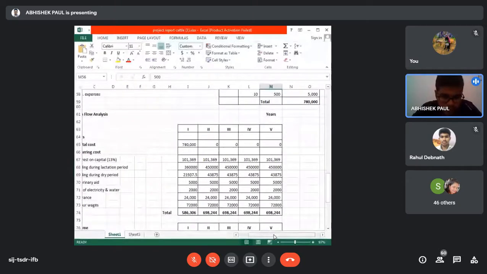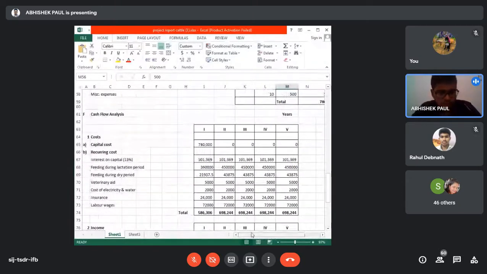Now, after calculating the fixed cost, we need to calculate the different variable costs. Like the feeding cost, which is the first important one. Feeding of the dry period and lactation period they have done separately; you can do it together also.